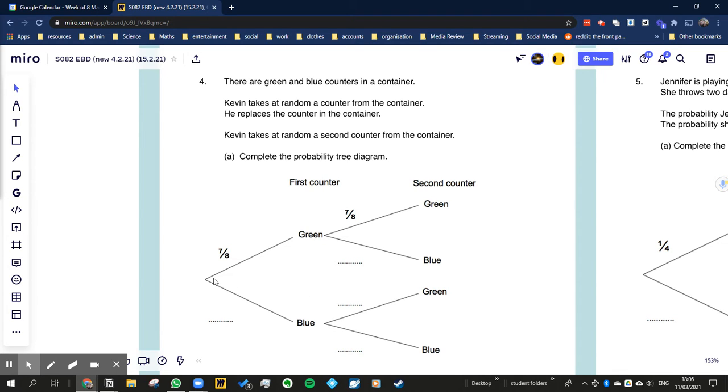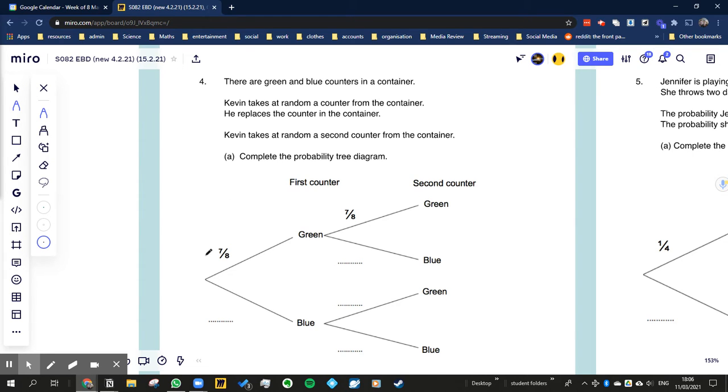If you follow a path like here and then all the way to here, that's saying he picked out a green counter, then he picked out a green counter again. If there are only two options, the two probabilities must add up to 1, because the probability of any of them happening must be 1.